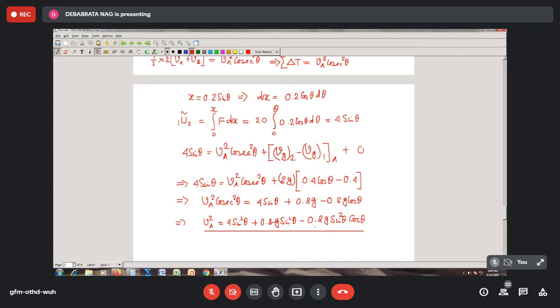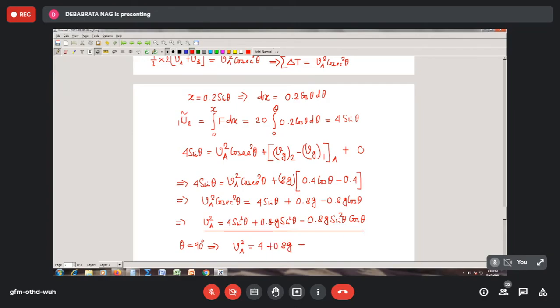So here, of course, if you put theta equal to 90 degree, you should get our answer. What answer we have said? If you put theta equal to 90 degree in this equation, what will be the case? It gives me that VA square becomes equal to 4 plus 0.8 g, right?